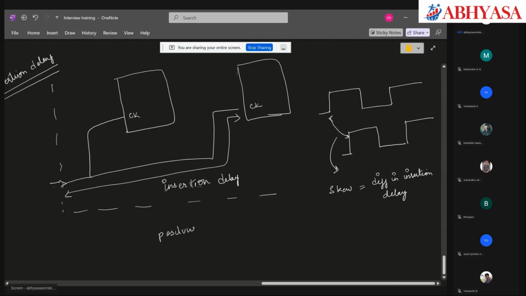As someone mentioned, capture latency is greater than launch latency. That is positive skew.